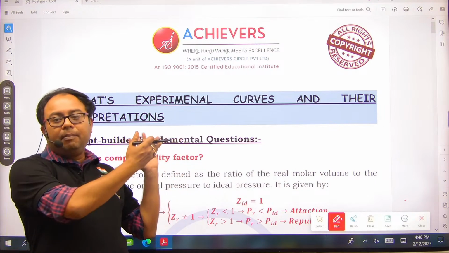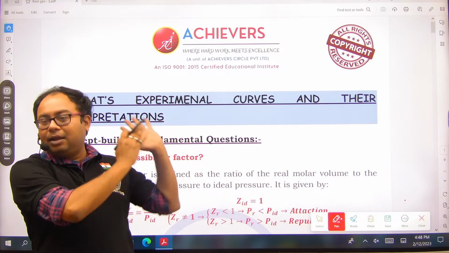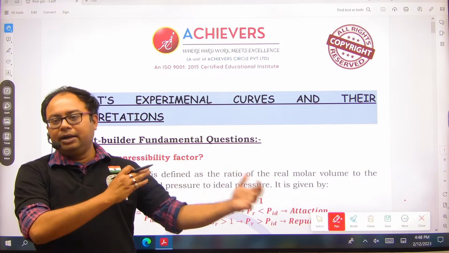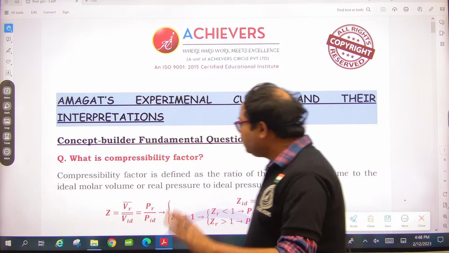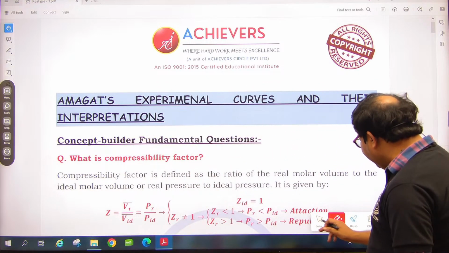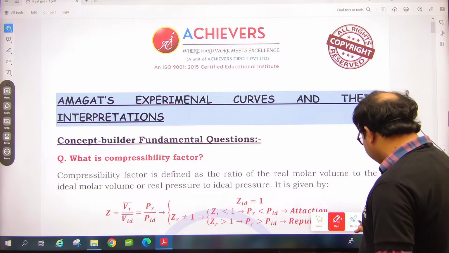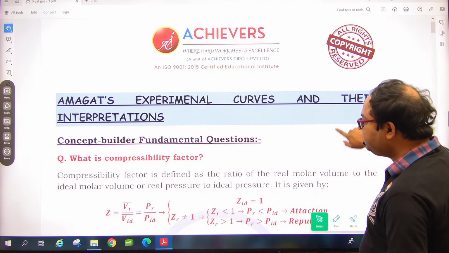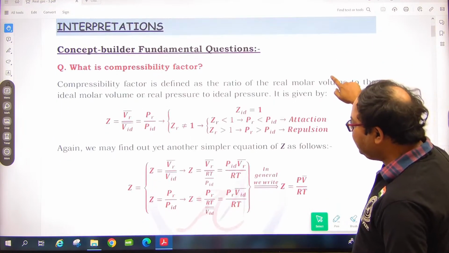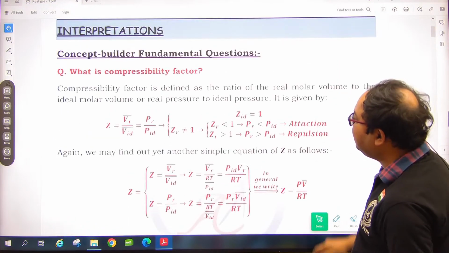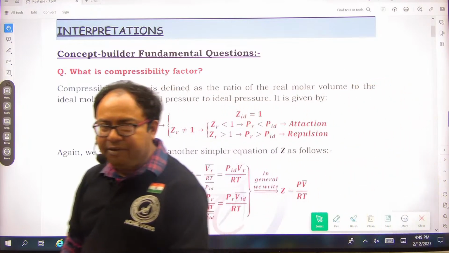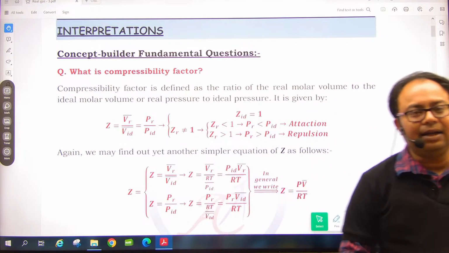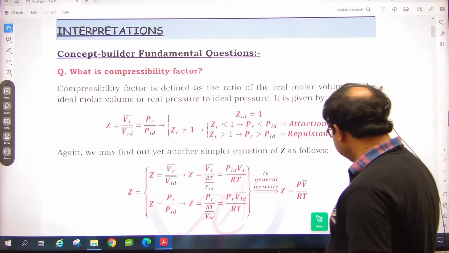It is one of the most fundamental or rudimentary experiments carried out in context to real gases. Before going into the details, at first, we need to have a basic idea of one of the most important physical parameters in context to real gas, and that is the compressibility factor.